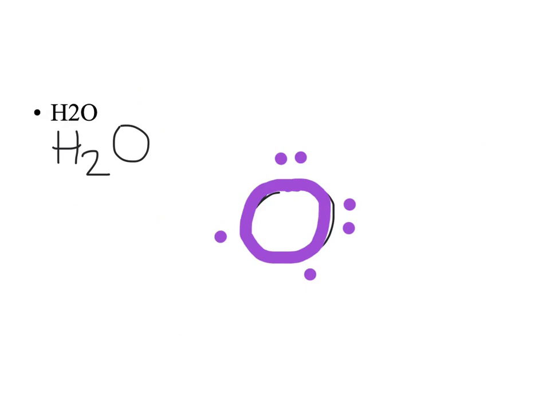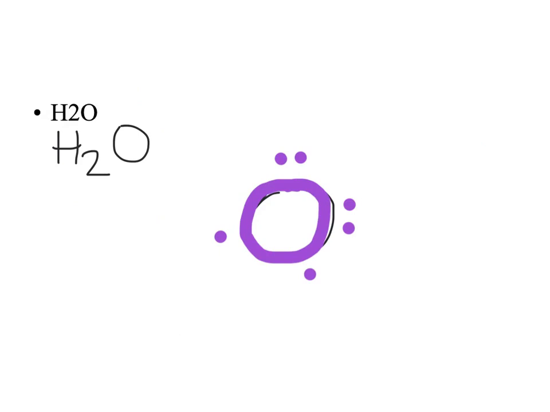Now, can you see where you find 2 empty spaces in this structure? Yes, very good. There is an empty space here, and there is another empty space here. So guess what? We need to draw hydrogen in these 2 empty spaces.